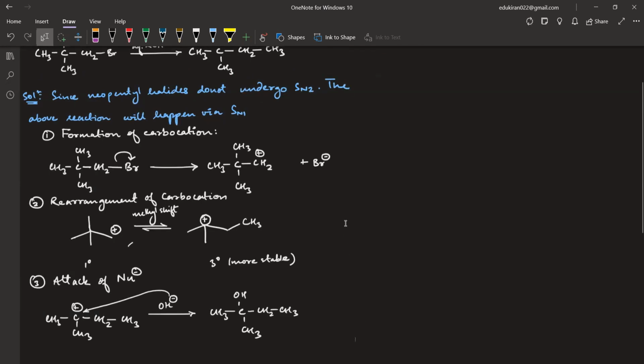Since neopentyl halides don't undergo SN2, the above reaction will happen via SN1. First thing is that because this is 1 degree, generally you will think that it will happen with SN2. But in the last lecture we wrote this point that neopentyl halides don't undergo SN2 because of the bulky group on the alpha carbon. So please write this down.